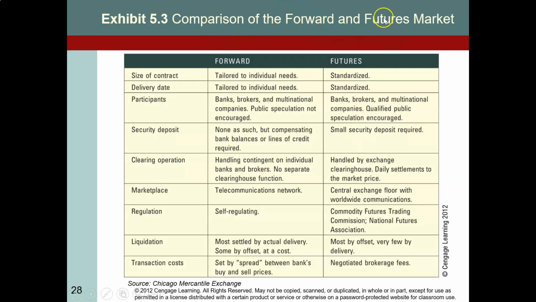Comparison of the forward and futures market. For size of the contract, forward is tailored to individual needs, while futures has a standardized size of contract. Delivery dates for forward contracts could be tailored to individual needs, but for futures, it is standardized.